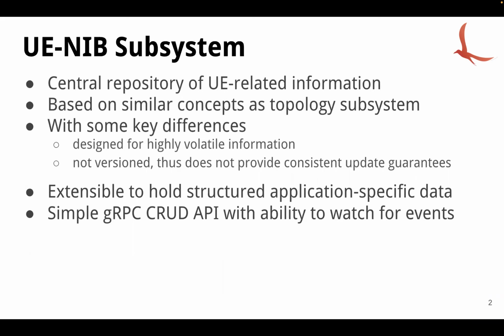So it's basically designed to be a little bit sloppier but faster. But same as topology, it's supposed to be extensible to hold arbitrary application-specific data using the aspect mechanism. And like with the topology, it's based on a very, very simple CRUD API with, again, ability to watch for events.